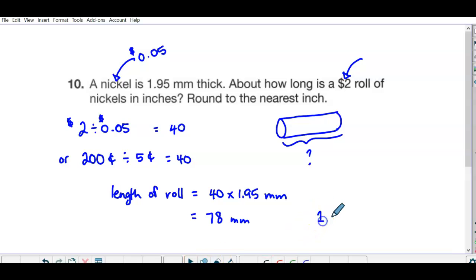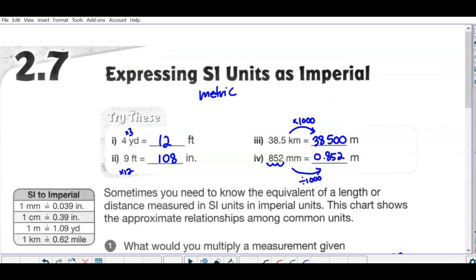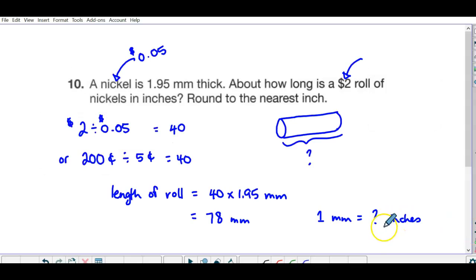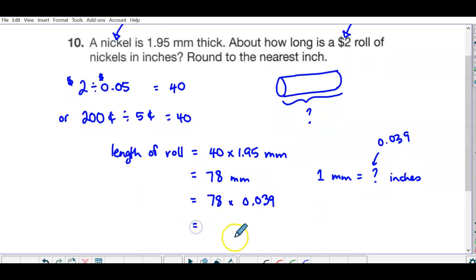So I want to look for a conversion from 1 millimeter to inches. If we didn't have that, we could convert to centimeters. If you look back at the beginning part of your chapter, it does have the conversion from millimeters to inches. It's 0.039. So if I know that I have 78 millimeters, I want to multiply 78 by 0.039 to get it in inches.